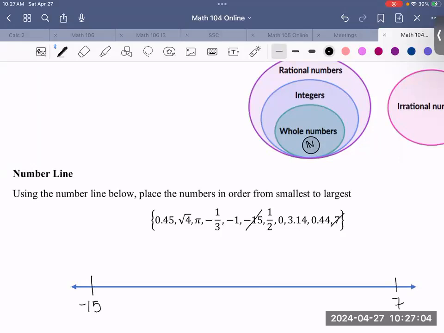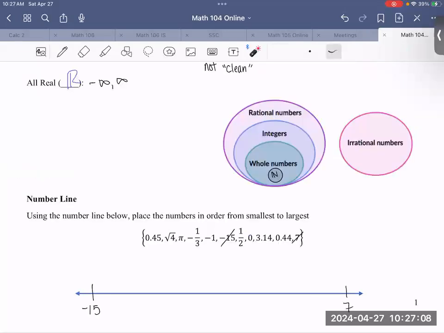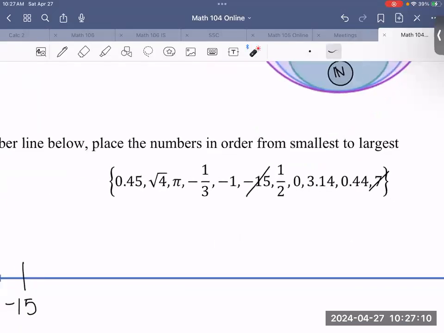And then let's see, your next smallest number, we're between some of your negatives. We got some values over here. So -1 versus -1/3, which is -0.333. So we're going to add that over here, -1 and -1/3.